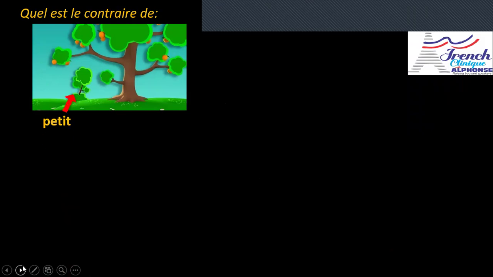Petit, grand. So tell me, what is petit? Oh, correct. You're right. Petit is small. You can see the small tree, and grand, of course, is big. Okay, let's move.